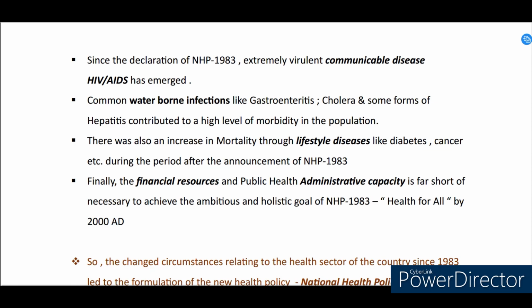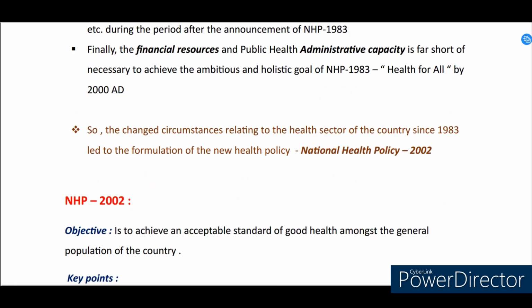There was also an increase in mortality through lifestyle diseases like diabetes, cancer, etc. during the period after the announcement of NHP 1983. And finally, the most important one, the financial resources and the public health administrative capacity are far short of what is necessary to achieve the goal of NHP 1983, that is health for all by 2000 AD.